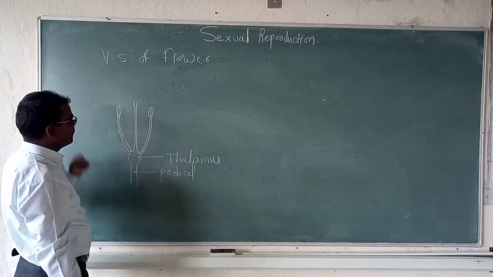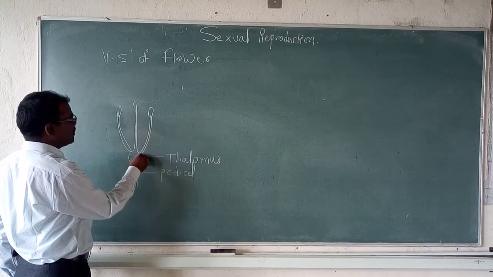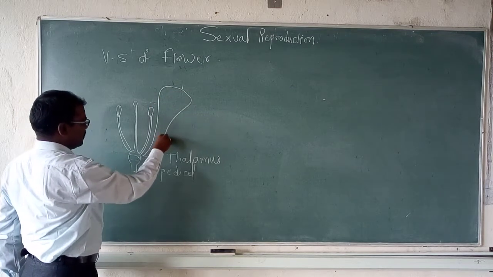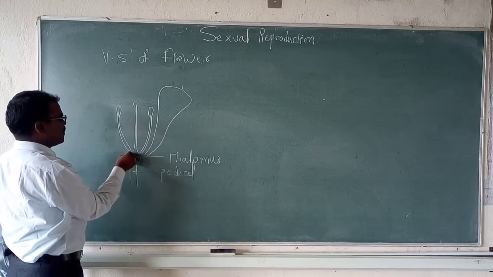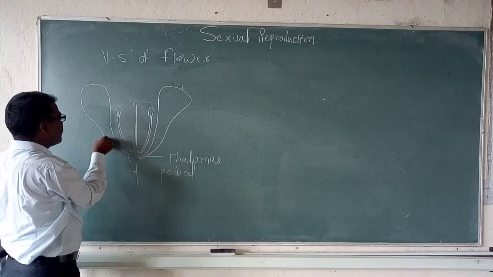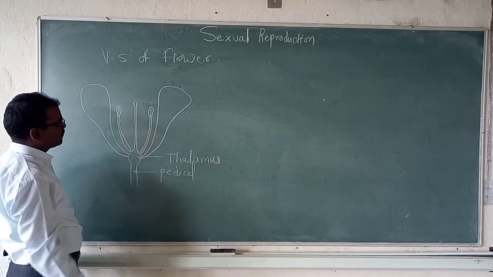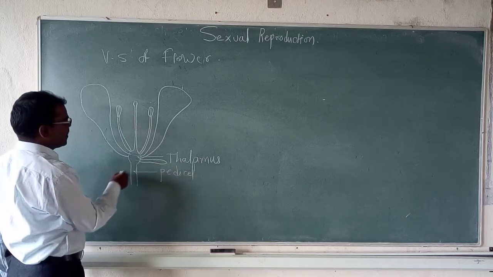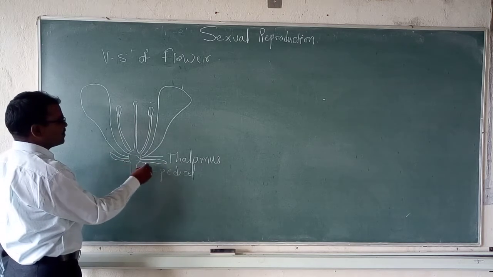The next whorl of the flower is the corolla. This is the corolla, and on the other side this is the other corolla. Then the next whorl of the flower is the calyx. This is the calyx.